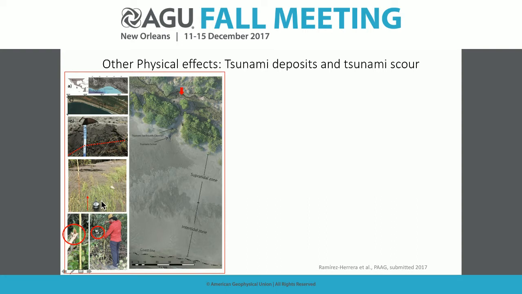Over here, maybe it's tiny, you can see that the grass has the direction of the flow of the tsunami, basically going north. I put a compass, but it's too small.